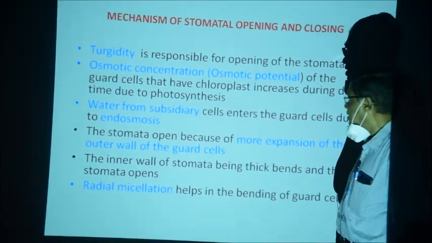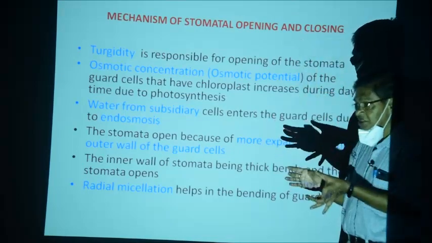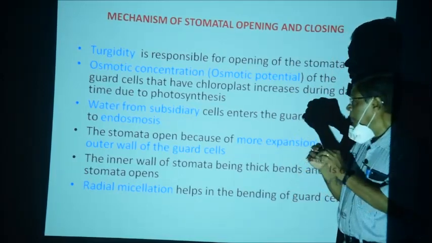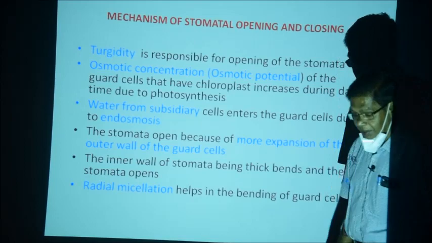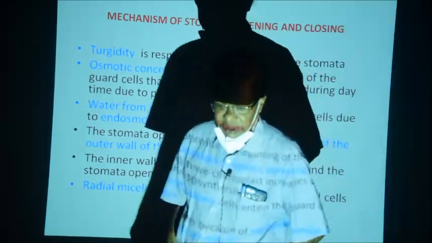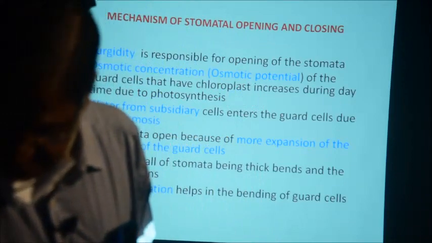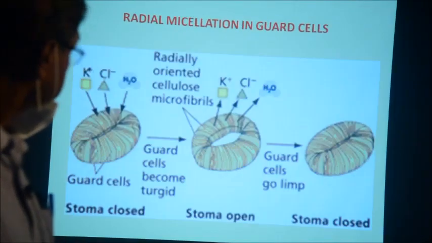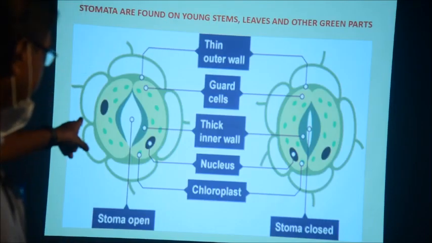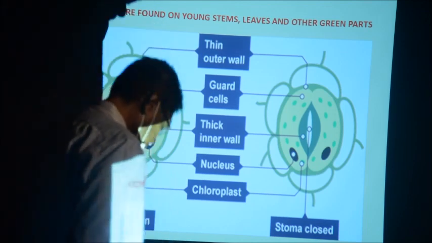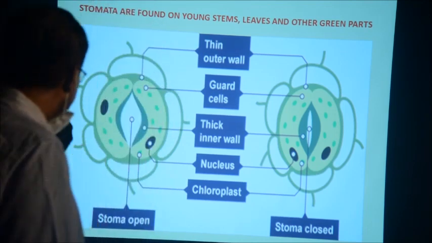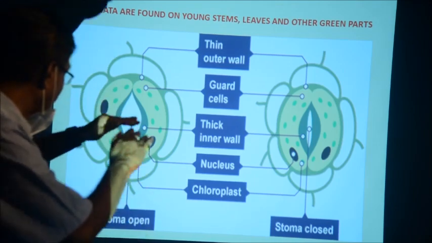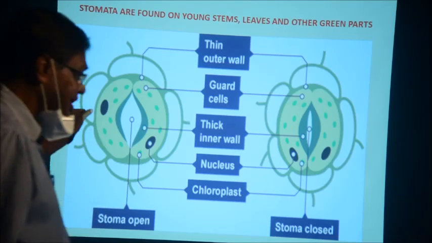Now, you know that guard cells are the two bean-shaped cells that guard the opening of the stomata. We have also discussed that the stomata have two guard cells which have a thin outer layer and a thick inner layer.